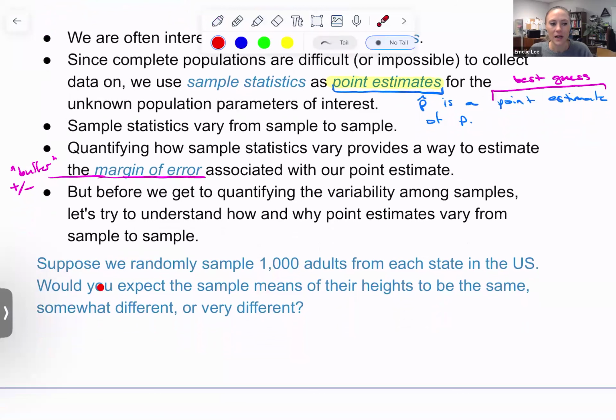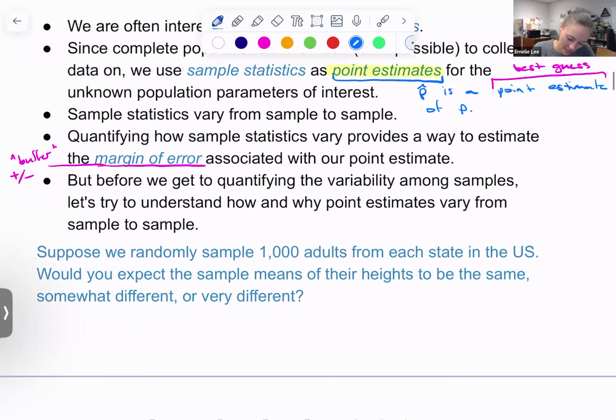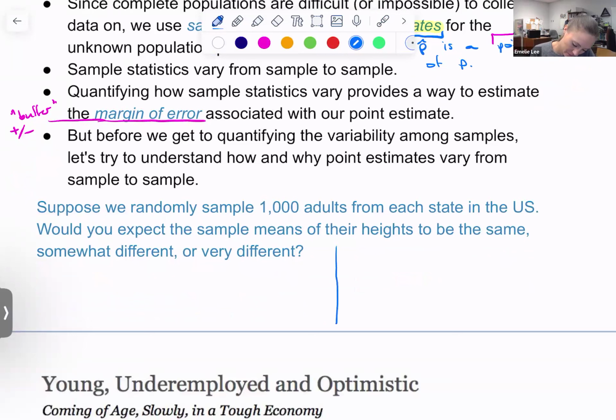So here, just as an example, suppose we randomly sample 1,000 adults from each state in the US. Would you expect the sample means of their heights to be the same, somewhat different, or very different? So if we think about an imaginary sample, what do I have?